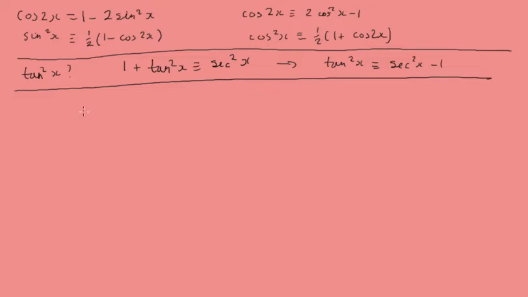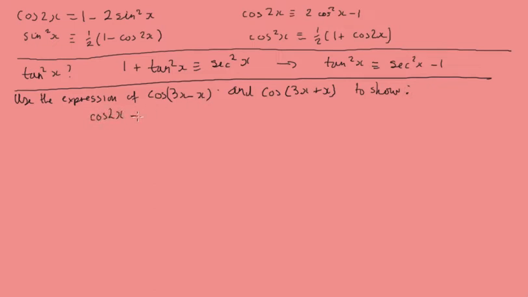Let's do one more. So this time we are going to use the expressions of cos of 3x minus x and cos of 3x plus x to show that cos 2x minus cos 4x is equivalent to 2 sine 3x sine x.